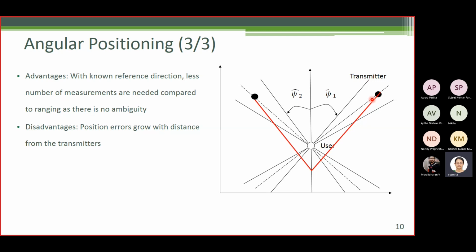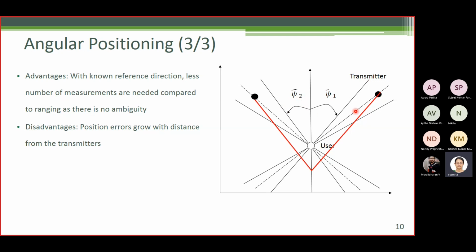To understand that, let's assume that the user makes this measurement. At this point, he finds that this is the bearing measurement, psi 1 hat, for this transmitter. Then for this transmitter, he makes this measurement, psi 2 hat.